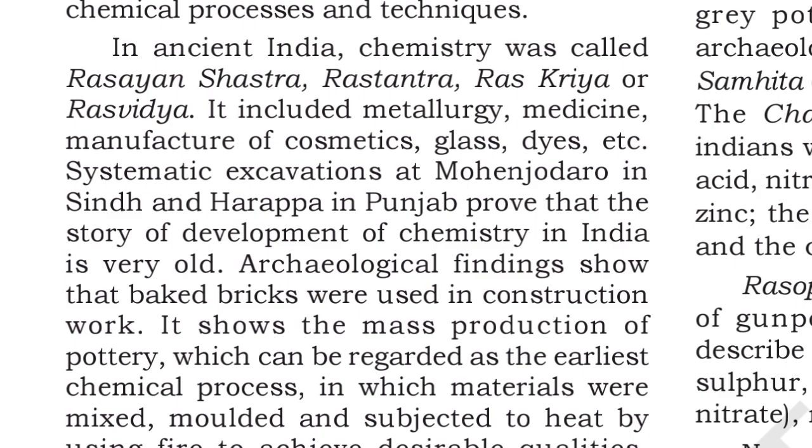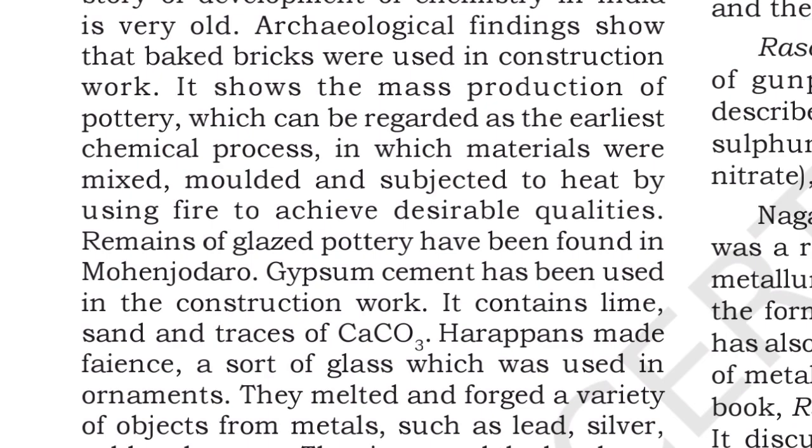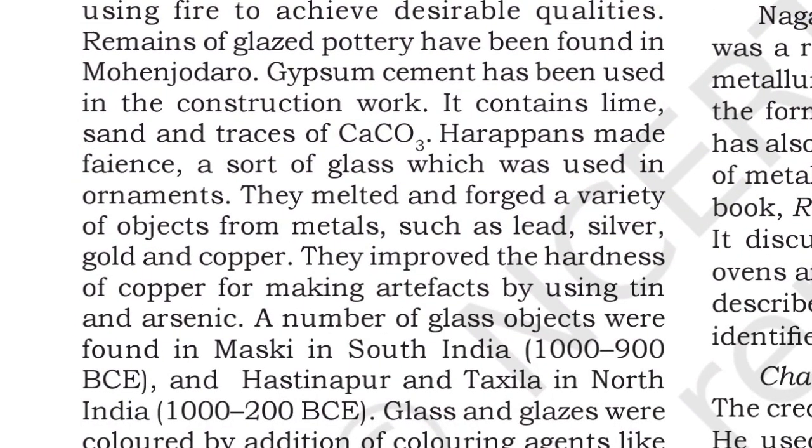It shows the mass production of pottery, which can be regarded as the earliest chemical process in which materials were mixed, molded, and subjected to heat by using fire to achieve desirable qualities. Remains of glazed pottery have been found in Mohenjo-daro. Gypsum cement has been used in construction work. It contains lime, sand and traces of CaCO3.